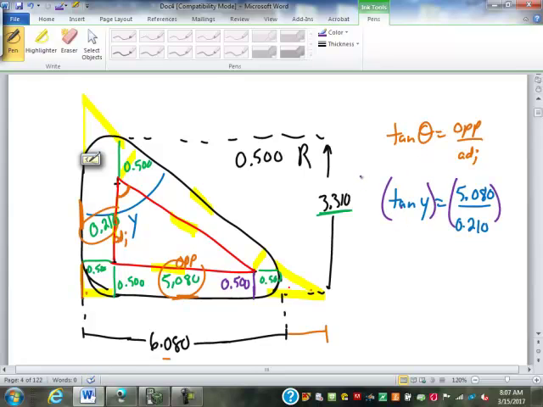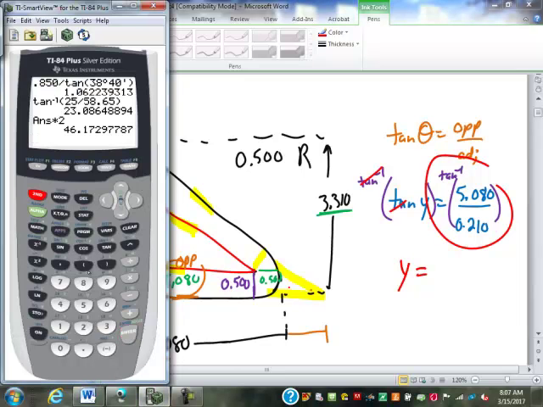The function is tangent, so it's an inverse tangent. So inverse and tangent cancel out. Y equals the inverse tangent, so second or shift tangent, 5.08 divided by 0.21. 87.63 degrees.